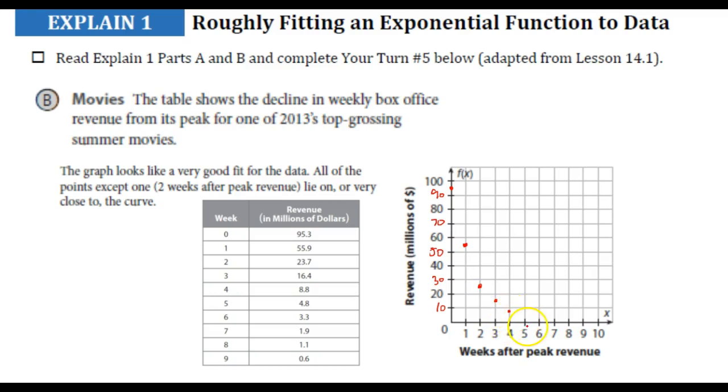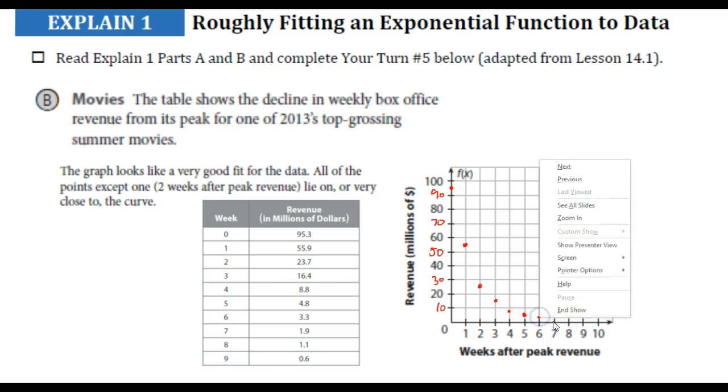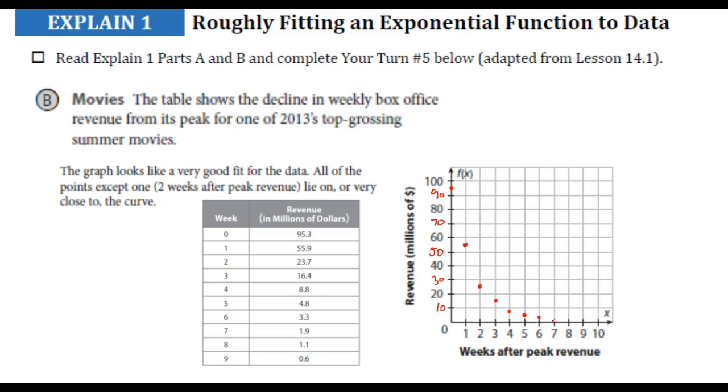You can see it's a steady decline. 5 and about 4.8. 6 about 3.3. 7, 1.9. So it's getting lower and lower progressively. 8, 1.1, and then last but not least 9. So you'll see that it's a steady slope going down to the point where they just won't show it anymore, right?